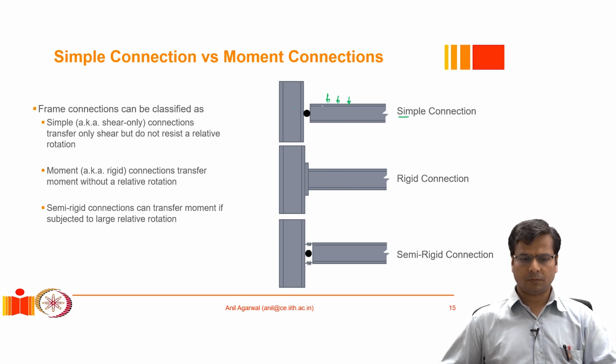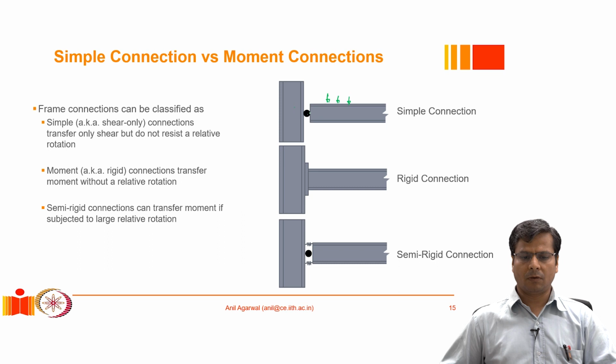Now, a simple connection is meant to transfer all this load to the column without restricting the rotation of the beam here. The expectation is that when these loads are applied and the beam wants to deflect, the beam would be allowed to deflect as if it was a simply supported beam. It would deflect and even rotate at the ends without having its rotation restrained by the support here.